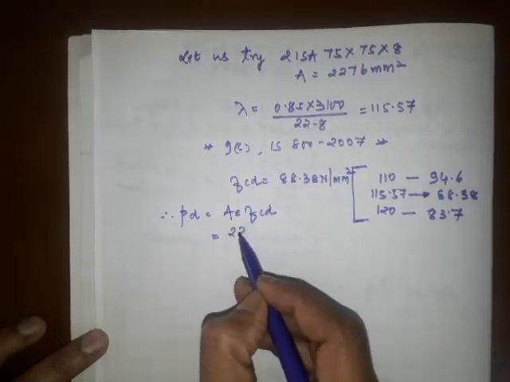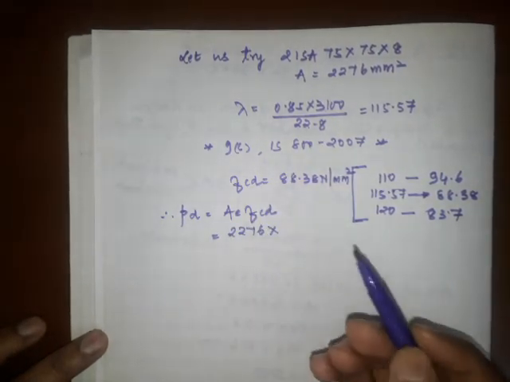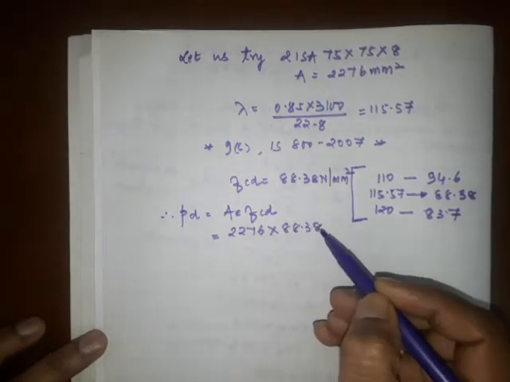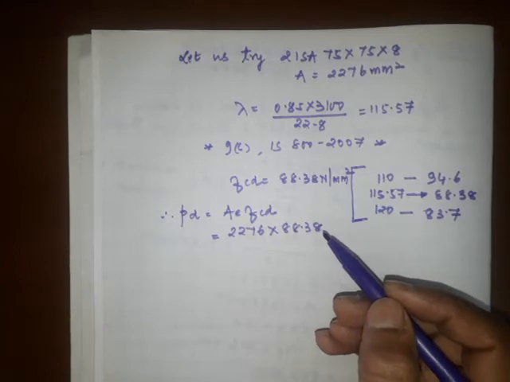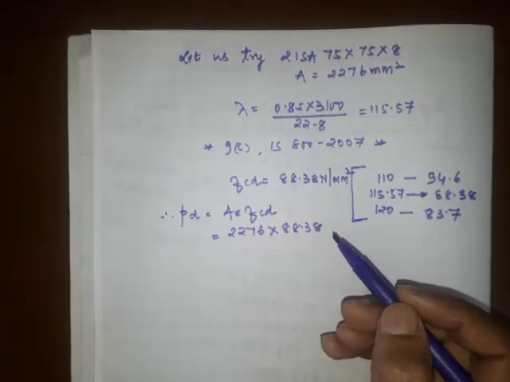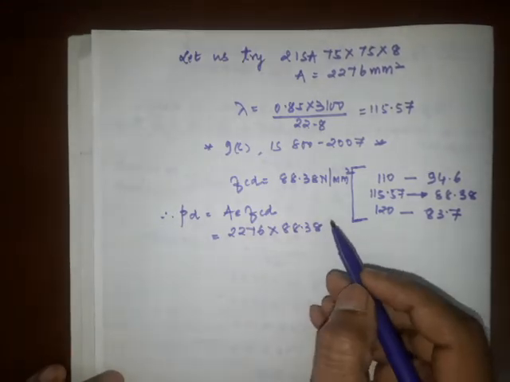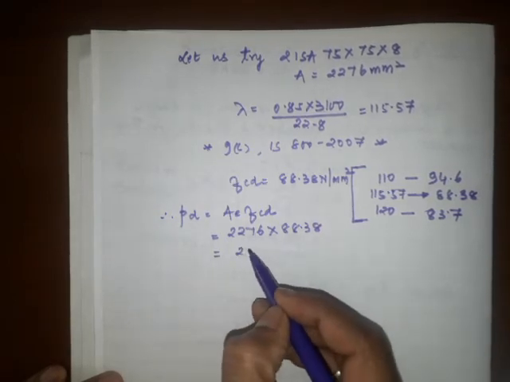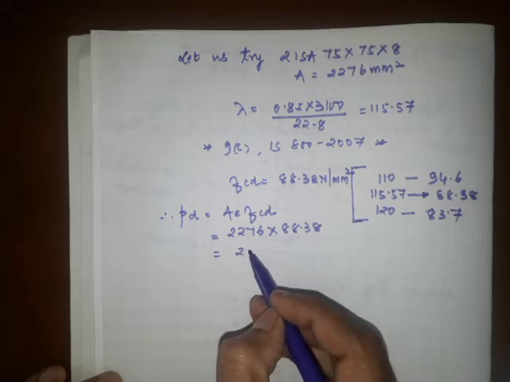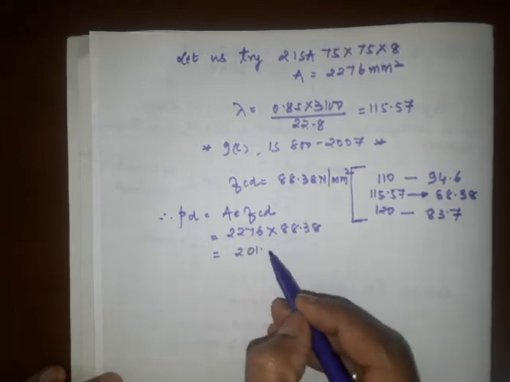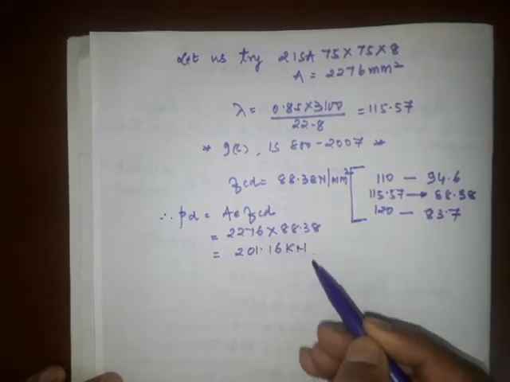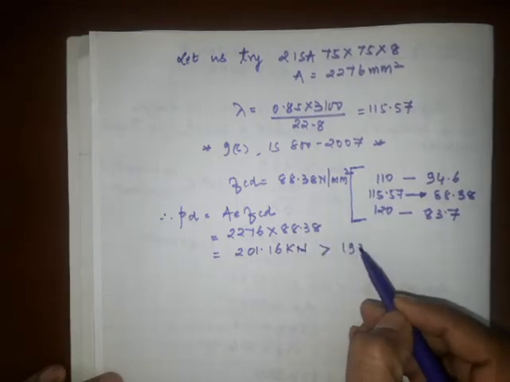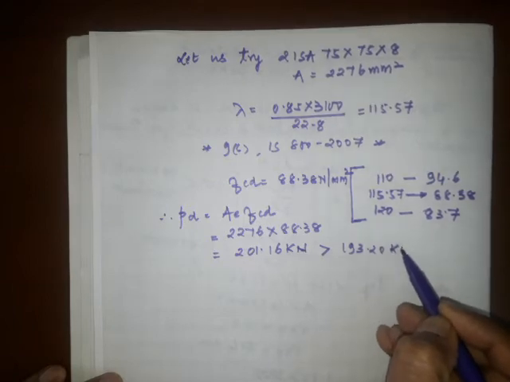So 2276 into 88.38, therefore the Pd will be 201.16 kilonewton, which is more than 193.2 kilonewton.